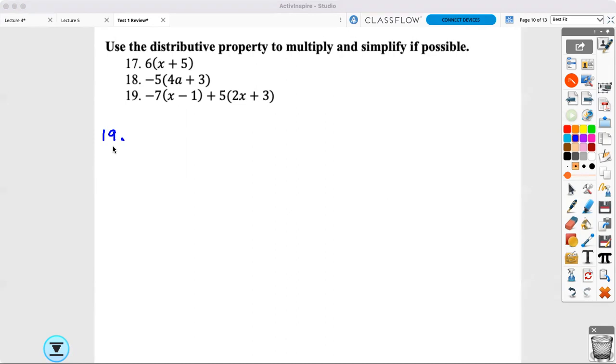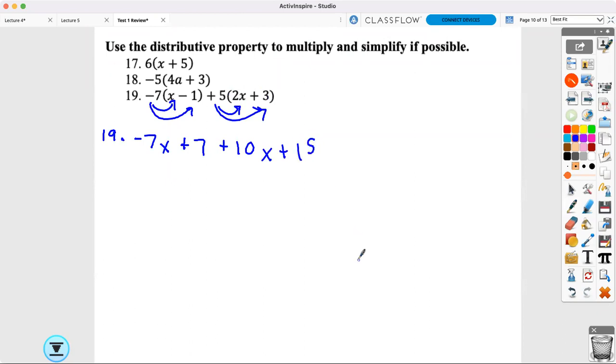Distributive property. So we're going to distribute the -7 to these two and then the 5 to these two. -7 times x is -7x. -7 times -1 is +7. 5 times 2x is +10x. 5 times 3 is +15.